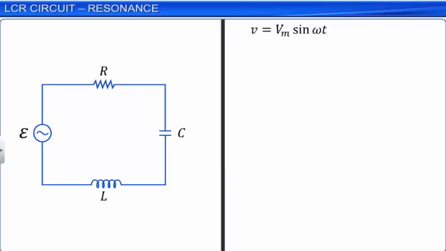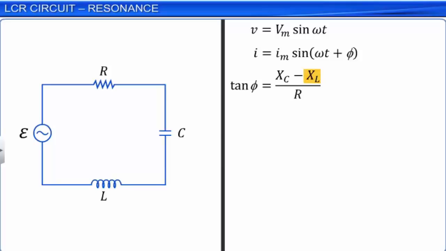At the same instant, the current in the circuit is given as I equal to Im sin omega t plus phi, where phi is the phase difference between the AC voltage and the current. The phase difference, phi, can be calculated by the expression tan phi equal to Xc minus XL by R, where Xc is the capacitive reactance, XL is the inductive reactance, and R is the resistance.